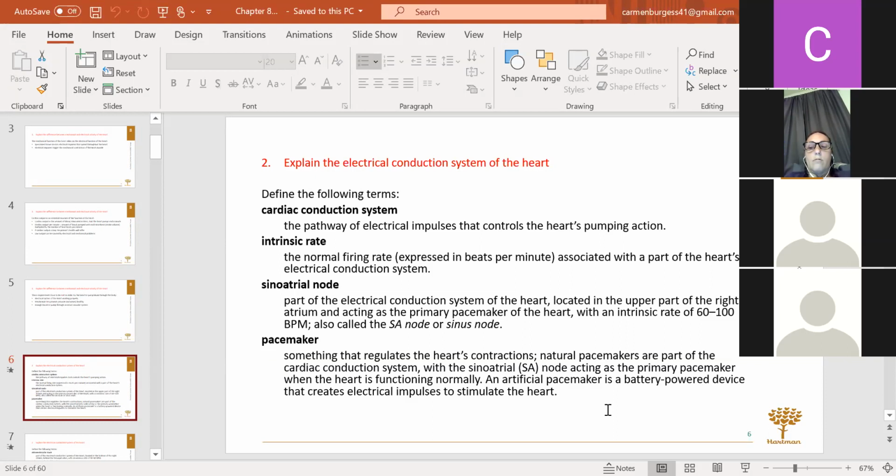And that's where you start to have your problems. It's like, wow, it's at 40, then I know there's something wrong with my electrical system. So we know that the SA node that sits at the top of the right atrium starts off that electrical impulse, and it is intrinsically 60 to 100 in a normal person with a normal heart.